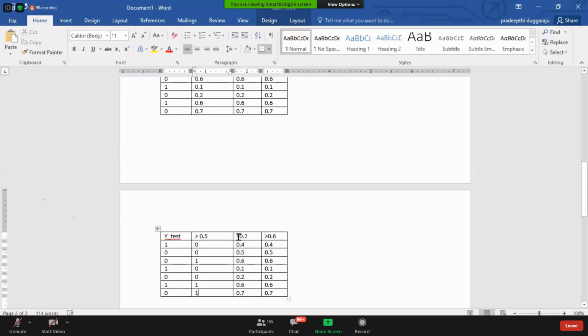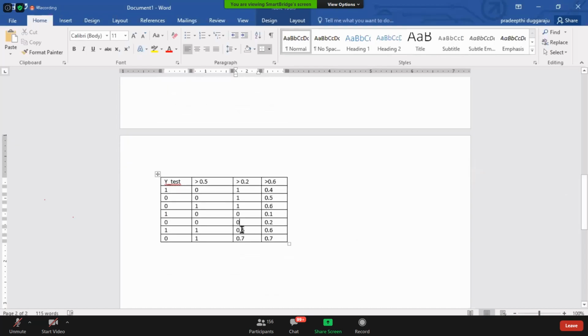Now the next threshold is greater than 0.2. So 0.4 is greater than 0.2, so that's the reason it becomes 1. It becomes 1. It becomes 1. It becomes 0. It becomes 0. It becomes 1.